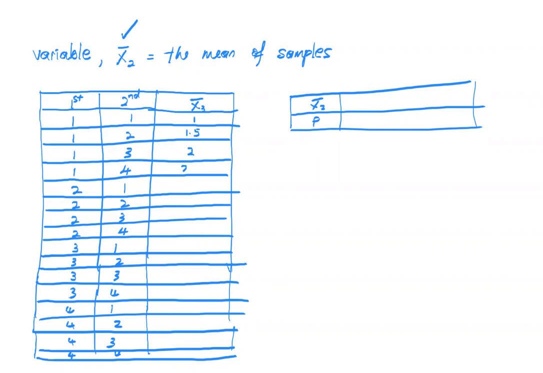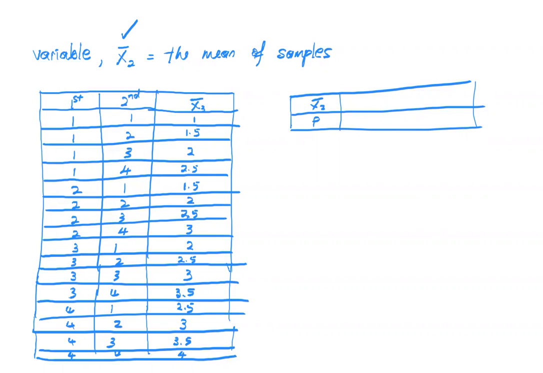The mean is 2.5. 1.5, 2, 2.5, 3, 2, 2.5, 3, 3.5, 2.5, 3, 3.5, and 4.